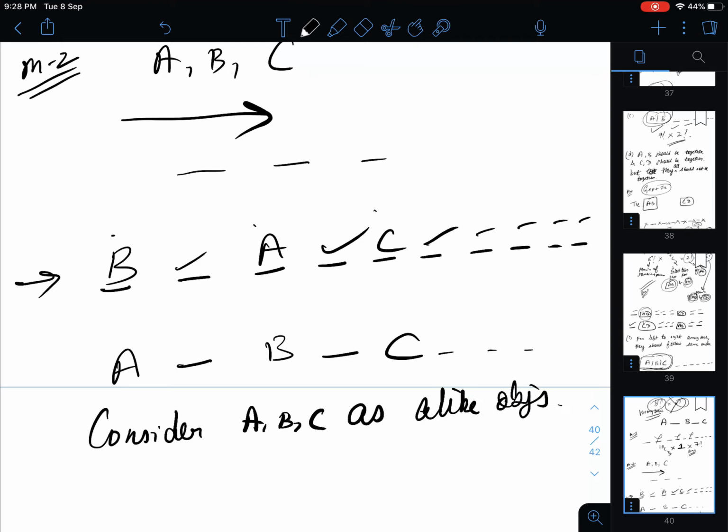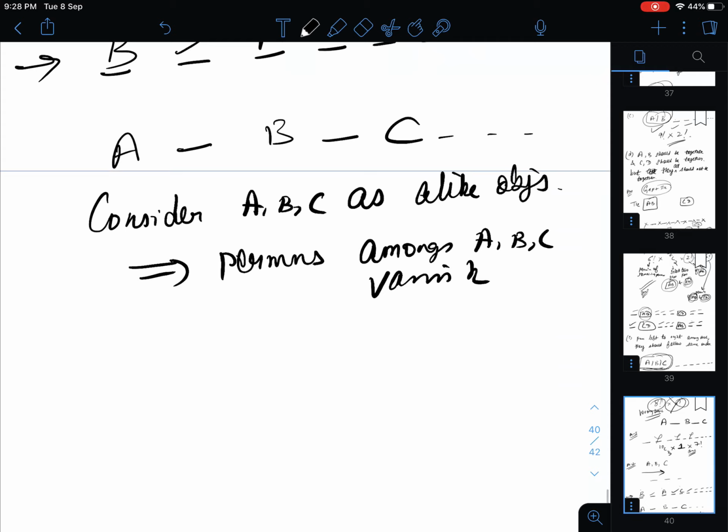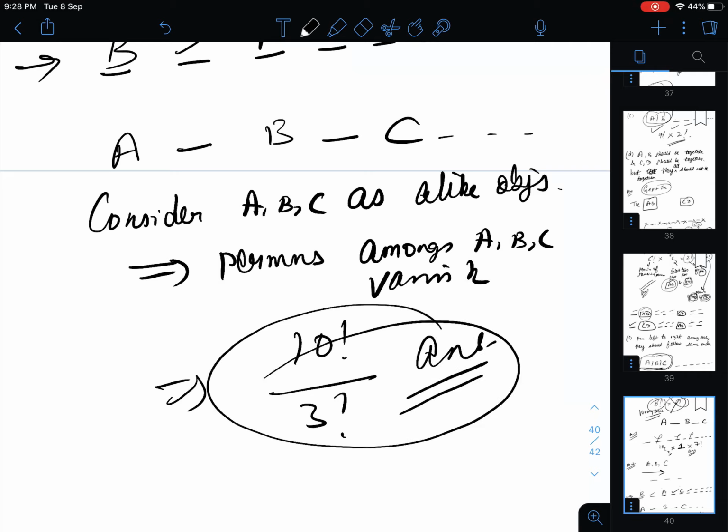So this implies that permutations amongst A, B, C vanish, because only one possible order is possible. So this implies you have 10 factorial by 3 factorial, which is your answer. And you can check that this is the same as what we have obtained above.